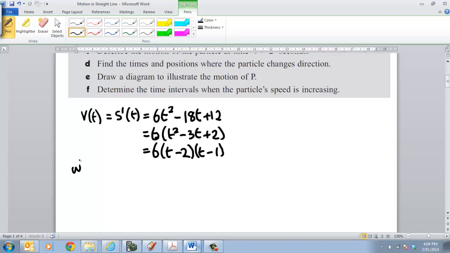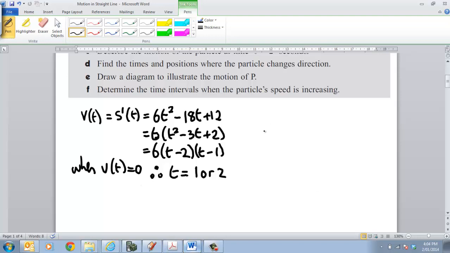When v of t equals 0, we get our critical points. That occurs when t is equal to 1 or 2. In other words, when v of t is equal to 0, there's no velocity and it changes direction, doesn't it?